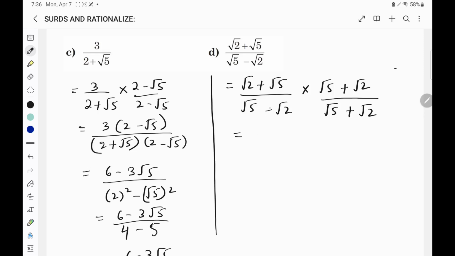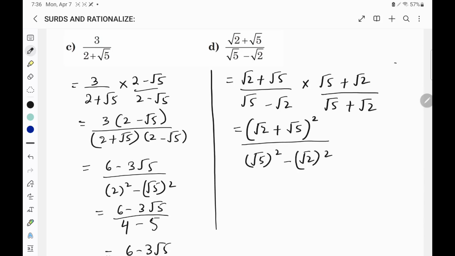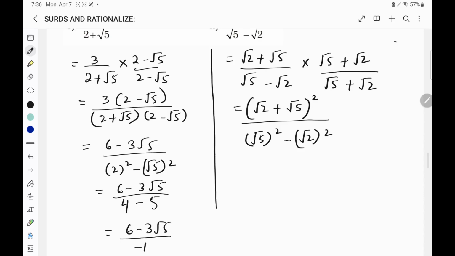Okay, this square root 2 plus square root 5, you can either multiply in brackets, or you can take the first identity if you want. Okay, square root 5 square minus square root 2 square. Now I'm using the first identity and the third identity in the denominator. A plus b whole square is a square plus 2ab plus b square.